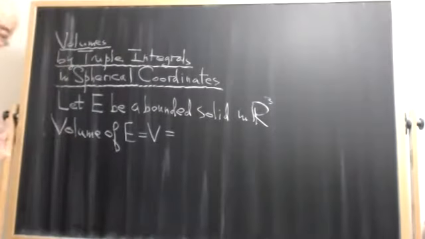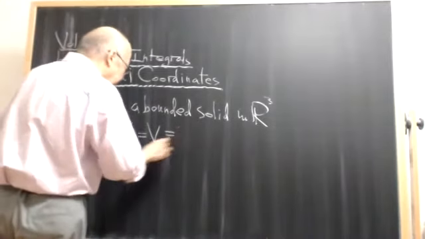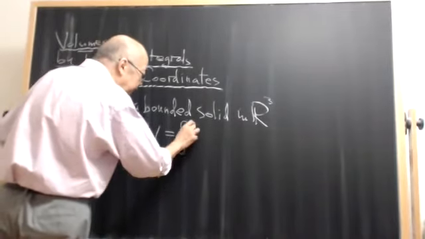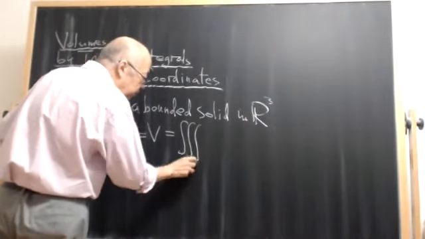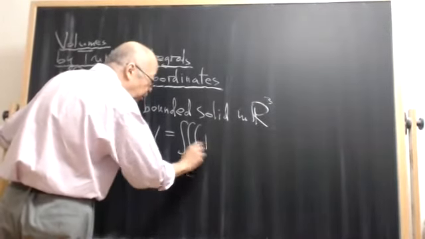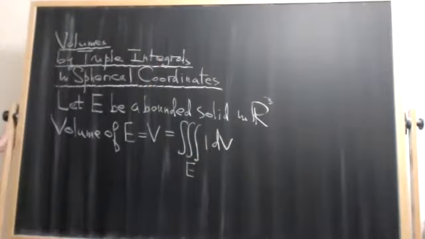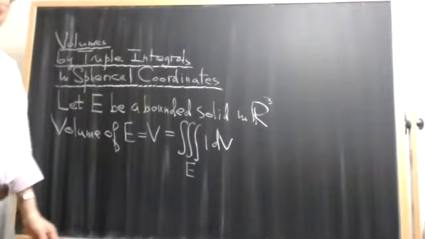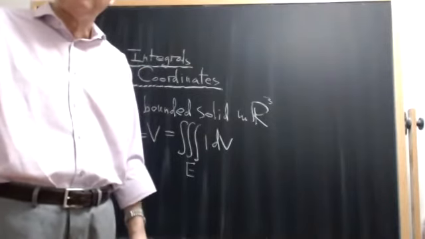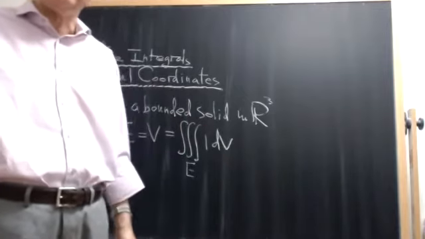One of the students has asked me before. Well, the volume of a solid is going to be the triple integral over E of the function 1 with respect to V. It's just like finding the area of a surface in R2.